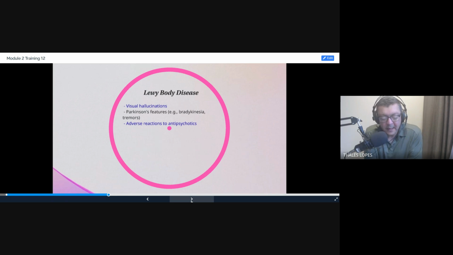Okay. Do not give antipsychotic with Lewy body. Write that down. It's important. So Lewy body, usually I say I'm seeing things. So you remember hallucination is the hallmark. But it also comes with bradykinesia, right? Tremors and the Parkinson features.